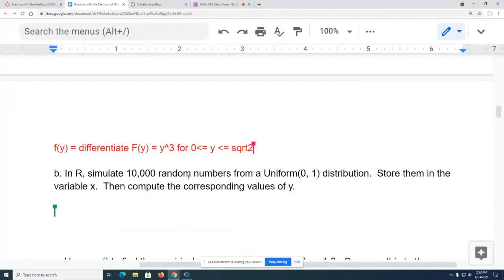So start by simulating x as a vector of 10,000 random numbers that are uniform between 0 and 1, and then generate y as a function of x.